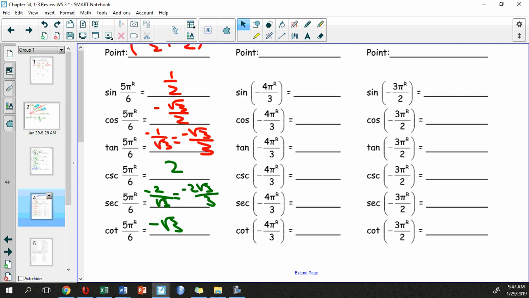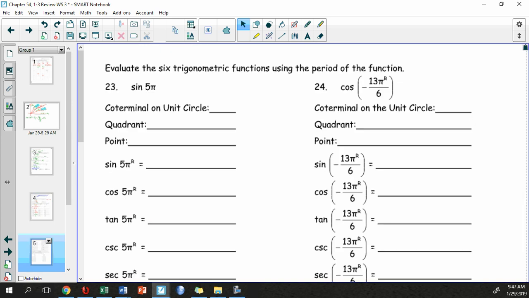Next page. Evaluate the 6 trigonometric functions using the period of the function. Time out. What does that mean? I'm not doing 23 because I've done that 15,032 times. I'm doing 24. What does this mean if I'm saying using the period as its aid?